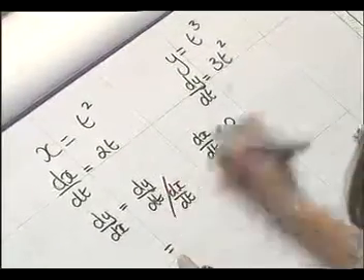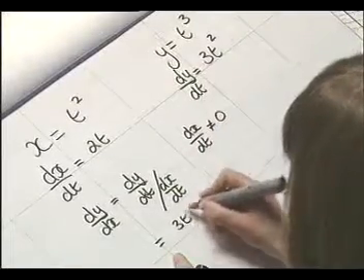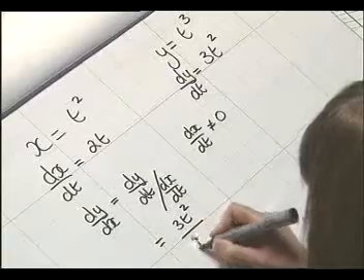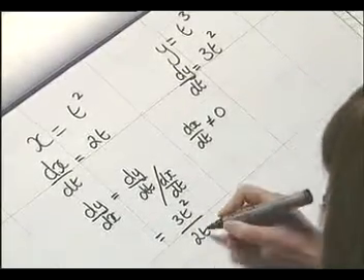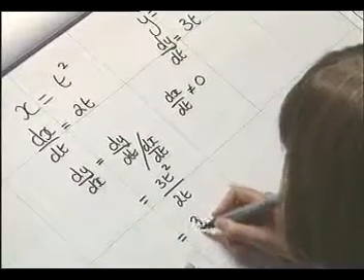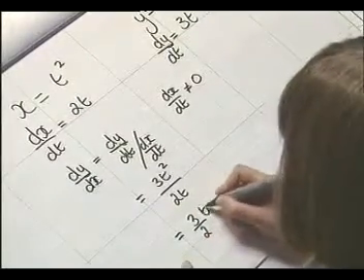So let's substitute for dy by dt. It's 3t squared divided by dx by dt, which is 2t. And here t goes into t squared t times, so we've got 3 over 2 times t.